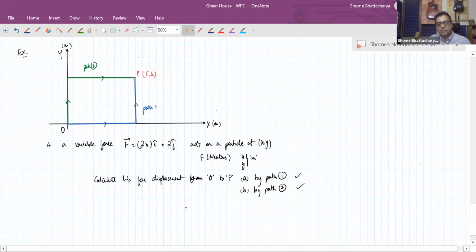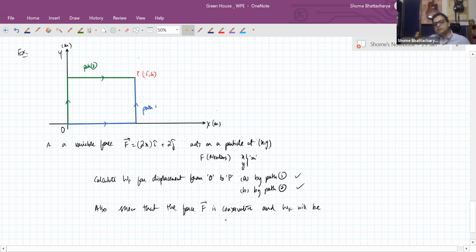So we are going to do this, not only this, we are also going to show that the force F is conservative and the work done by F will be same for any path from O to P. So now this question is also giving you a hint that we should get the same answer for A and B. So let's see how this works out.